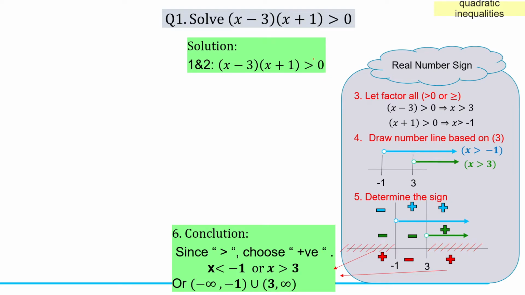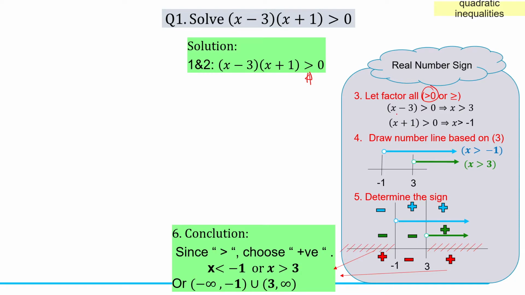Whether you have an equal or not depends on the original question. Now this greater than is not depending on that. This is the step where we let every factor be greater than 0.